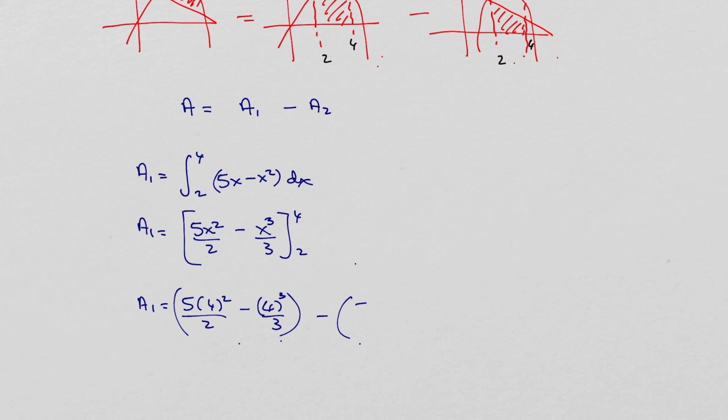And then that's minus 5 times 2 squared over 2 minus 2 cubed over 3. So therefore, if I sub that into my calculator, that ends up with 11 1/3 square units. Or you could write that as 34/3.